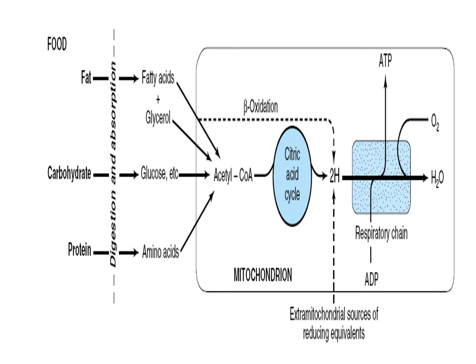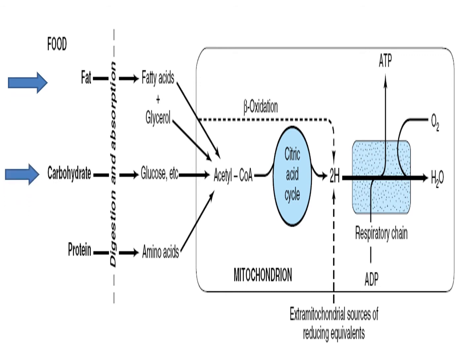This figure shows the role of the respiratory chain of mitochondria in conversion of food energy into ATP. Food in the form of fat, carbohydrate and protein, after digestion and absorption, will be converted into the simplest units. For example, fat is converted into fatty acid and glycerol.